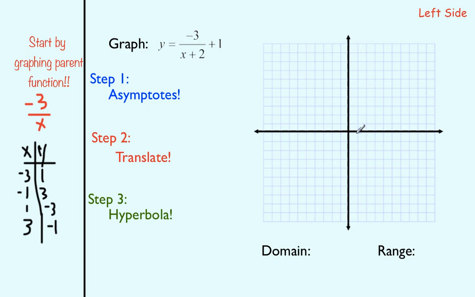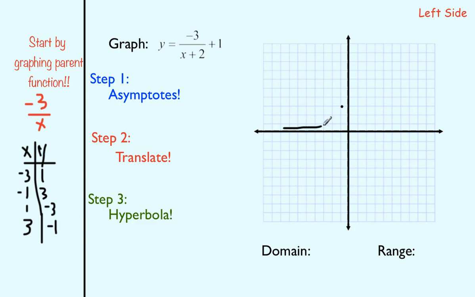Fractions are not a bad thing. They're just trickier to graph. All right, and the original asymptotes in the graphing function are on the axis, so I'm not going to actually plot those for right now. We're plotting just the parent function right here. So at x equals -3, y was +1. At -1, we were at +3.